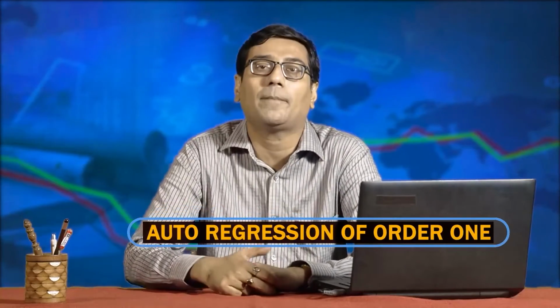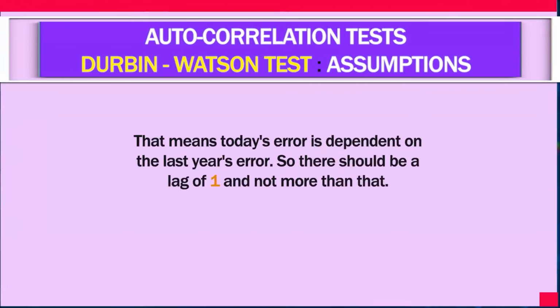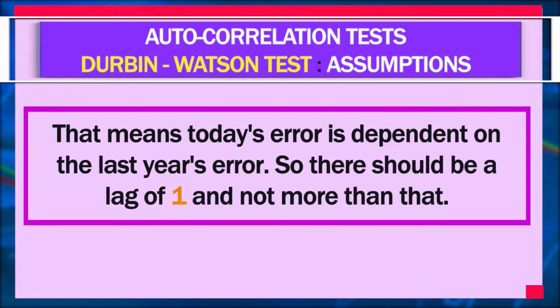The third assumption, which is very important for this test, is that it can only be applicable if there is an autoregression of order 1. That means today's error is dependent on last year's error. So there should be a lag of 1 and not more than that. If there is a lag of higher order, then the Durbin-Watson test cannot be applied.